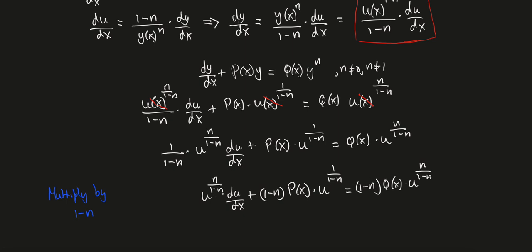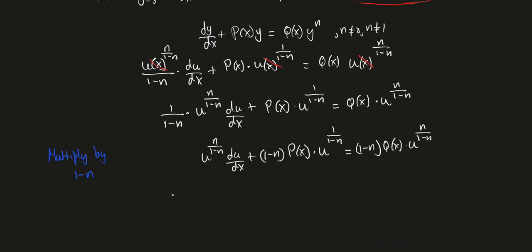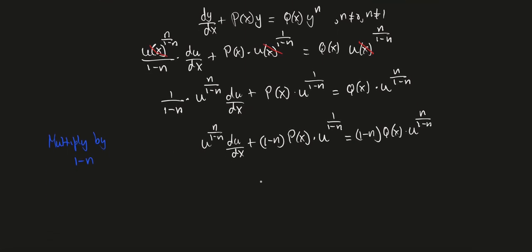And then remember, what we have to do is then divide each term, and there are 3 terms here, by this coefficient of u to the n over 1 minus n. So next up, we're going to divide by the factor u to the n over 1 minus n.